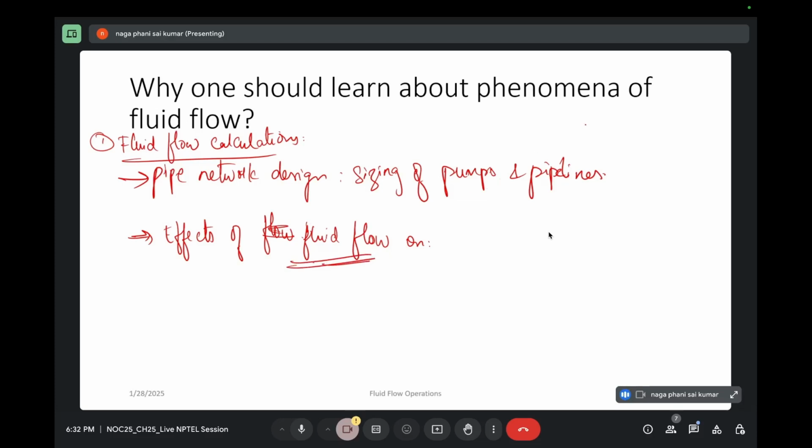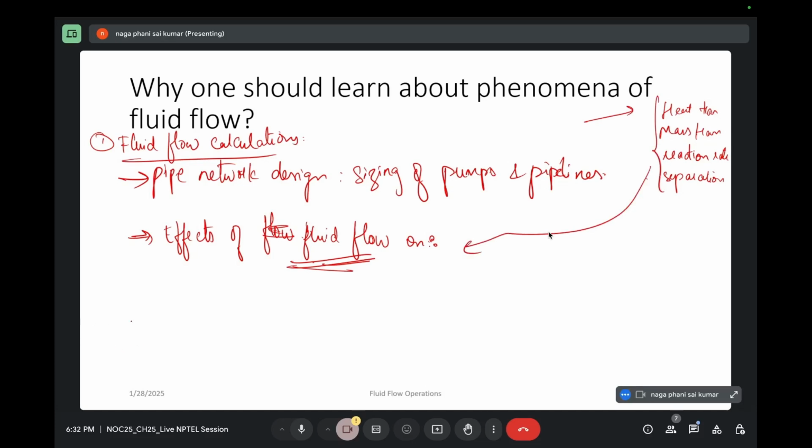So when you are increasing the flow rate, heat transfer will increase. Okay, mass transfer will also increase, and reaction rate will also. Let's say if there is a reaction which is happening in the process, so reaction rate will also be changing, and also separation rate will also be changing, right? Okay, so you'll be understanding effect of this fluid flow on all these operations.